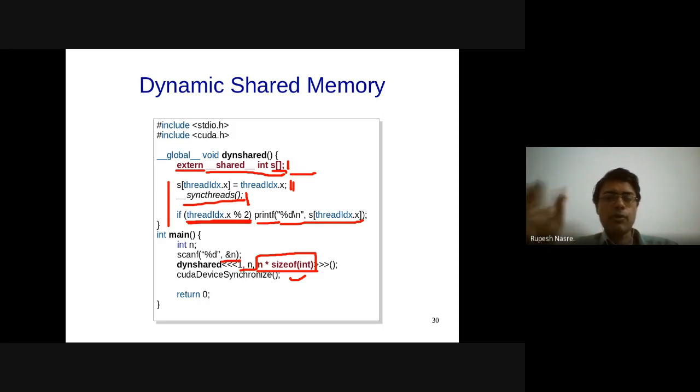Similarly, malloc from kernel 1 can also be accessed in kernel 2 and kernel 3 as long as you have not freed it in between. Any other concerns? All right, let's move ahead from here.